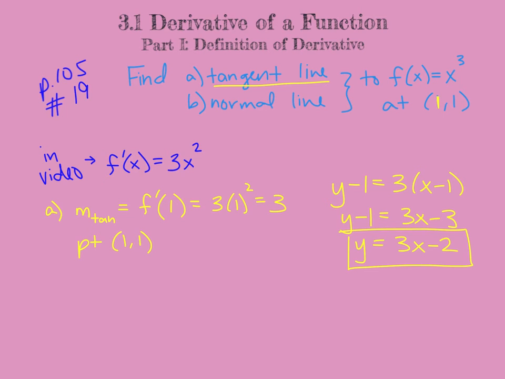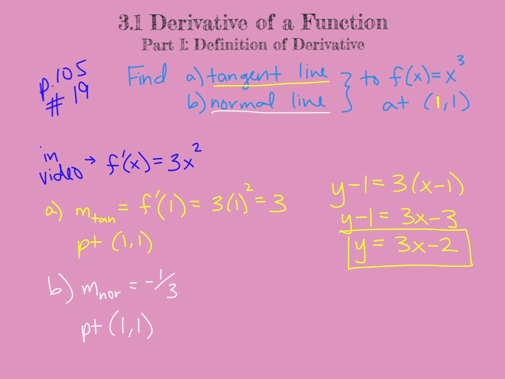The normal line equation, part B, is we are still going to use the same point, and again, we still need a point and a slope. It still passes through the same point. But recall from section 2.4 that the tangent line and the normal line are perpendicular, therefore their slopes are opposite reciprocals of one another. So since the slope of the tangent line when x is 1 is 3, the slope of the normal line when x is 1 is negative 1 over 3.